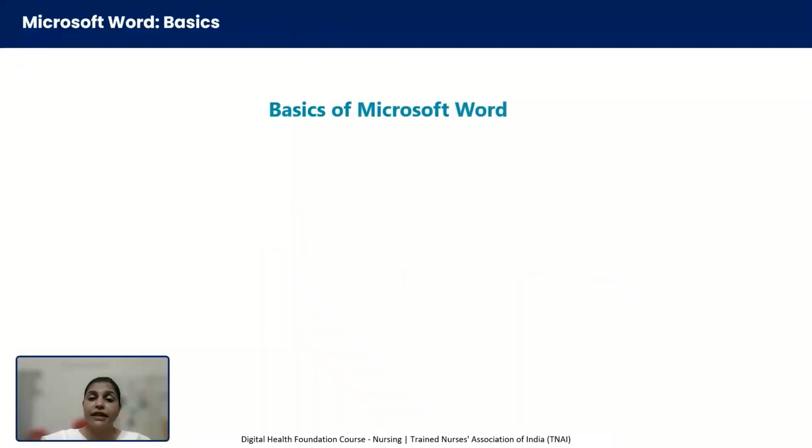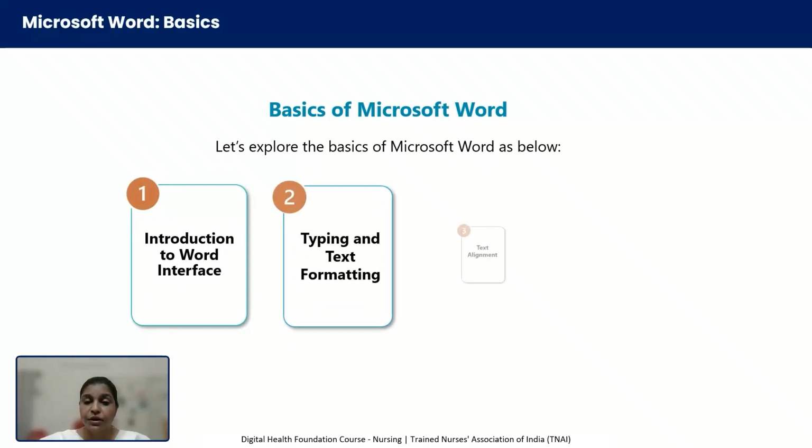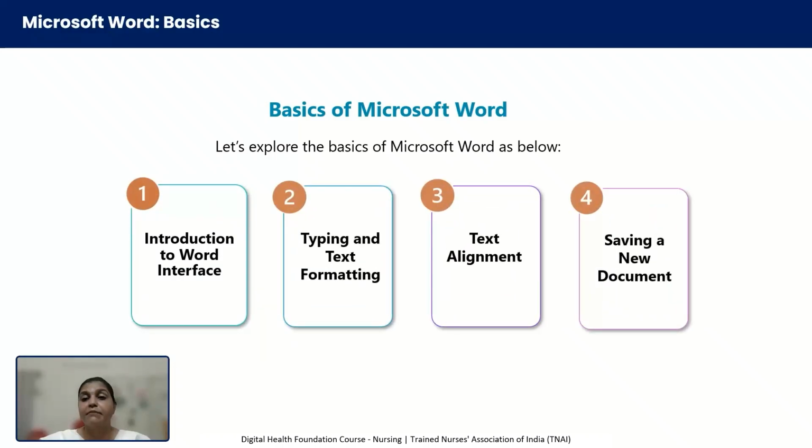Let's walk through the four key basics of using Microsoft Word. Introduction to the Word interface, where we learn about the ribbon, toolbar, and document workspaces. Typing and text formatting, which explores entering text and applying styles like bold, italics, and font changes.